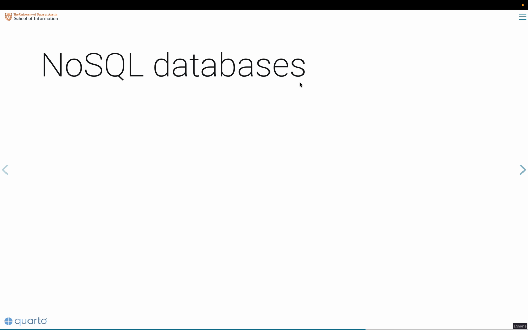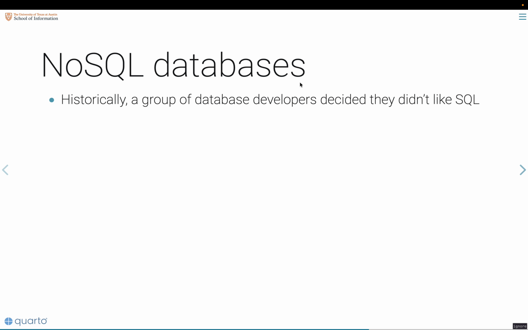We're not going to learn much about NoSQL databases. I'm going to have 2 short videos about them, but we're not going to actually use them. It's just so you'll know what's out there. So a lot of database developers didn't like SQL in the past.